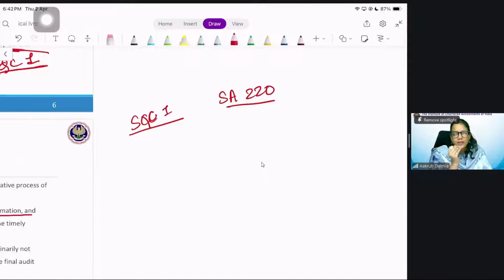What is the difference between SQC1 and SA 220? Both are about quality control, but what is the difference between them? If you can answer this question, I'll be very, very impressed.